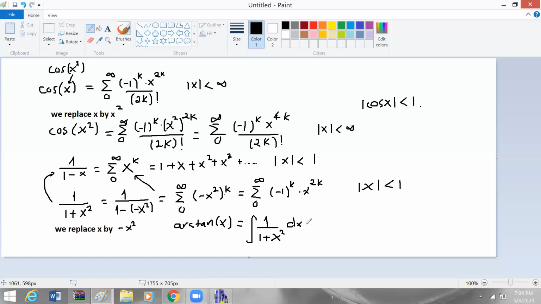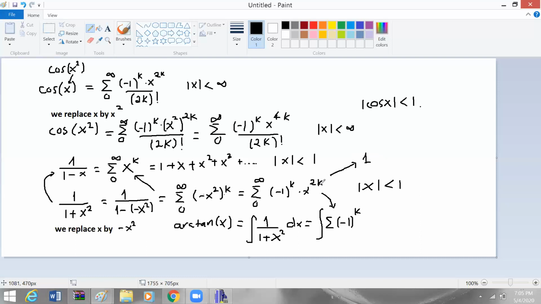So meaning that I can just integrate the entire thing that we just found. So that would be the summation of negative 1 to the k. I mean, you can write out the terms. So for this term that we have, when k equals 0, we're going to get 1.